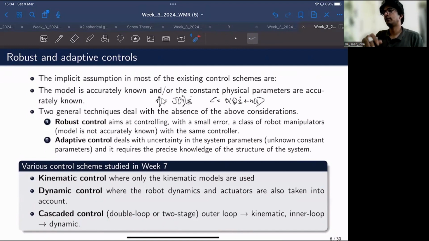To do that, we have to tweak the outer loop, which is the kinematic loop. That is what cascaded control is about. So, three different kinds of loops. Within each of these controls, we have also seen open loop and closed loop. In kinematic control, we have seen open loop and closed loop. In dynamic control also, we have seen open and closed loop. Cascaded control is basically a closed loop motion control.